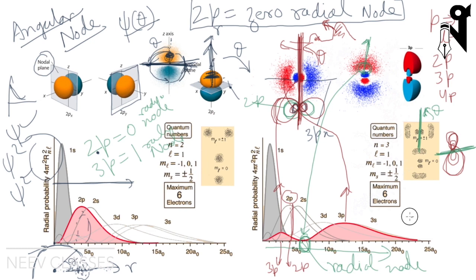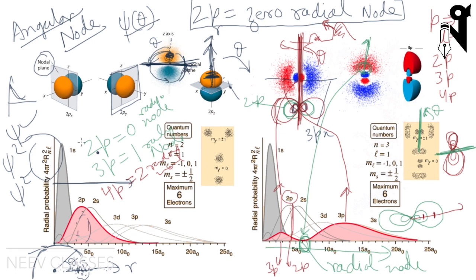Let me make a 4p. So when you are going outside along the radius, how many times do you see that there is no region? There is one over here, nothing between the two dumbbells. You have discounted the nucleus, and again you will find nothing over here. So your 4p is going to have 2 radial nodes.